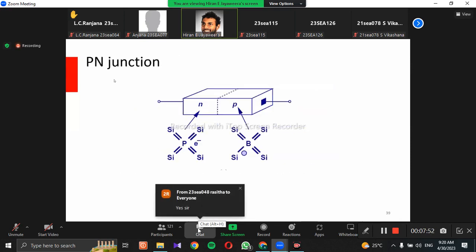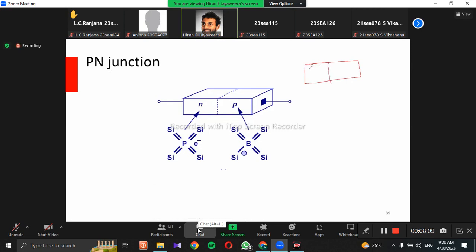Right. Now I'm moving towards an interesting device. This is called the PN junction. The way that we make a PN junction is that you take a silicon substrate, and on one side you dope with a material from the fifth column, like phosphorus, so that this side gets additional free electrons.